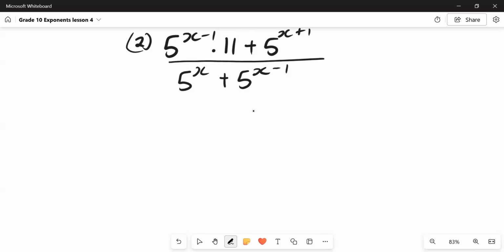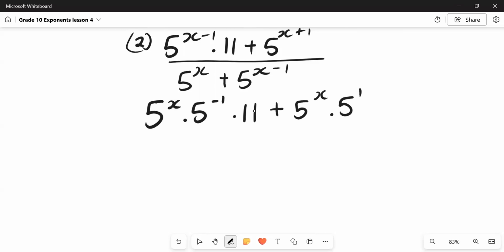The first step there, we have to separate the exponents. 5 to the power x multiplied by 11 plus 5 to the power of x and then 5 to the power of 1, divided by 5 to the power of x.